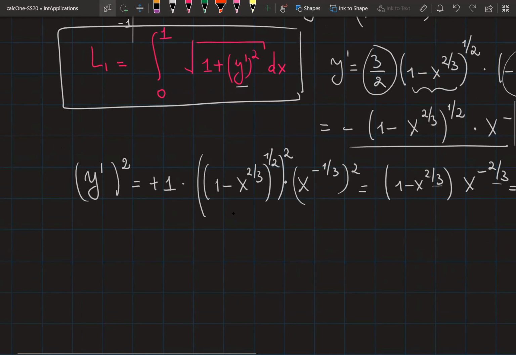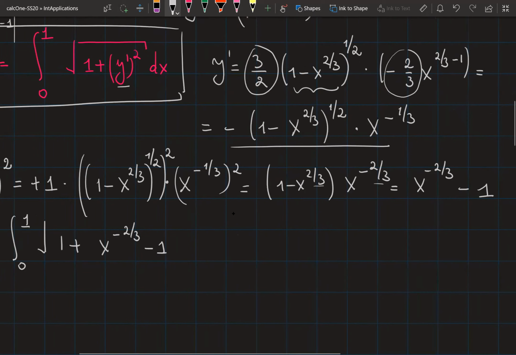So we need to find the L. This is going to be the integration from 0 to 1 of the square root of 1 plus x to the power of minus 2 over 3 minus 1, right? This is y prime squared. So we just need to plug this in instead of y prime squared, take the square root of this and integrate with respect to x.